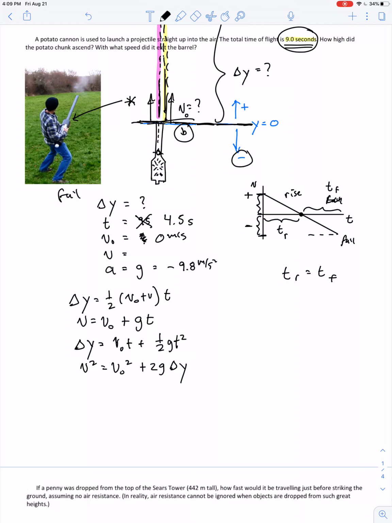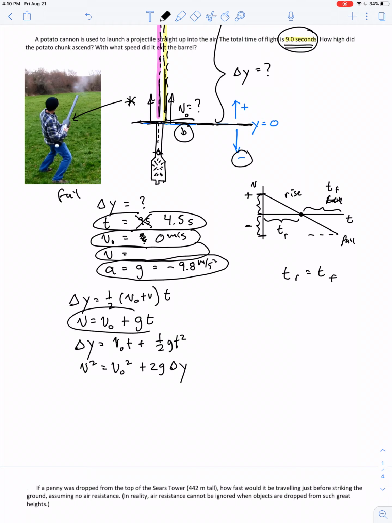Okay, so we have acceleration, and we have time, and we have initial velocity. So from that, it would be pretty easy to solve for final velocity if we use our second equation. So the final velocity is 0 plus negative 9.8 meters per second squared multiplied by 4.5 seconds.